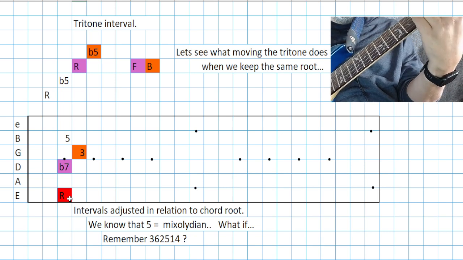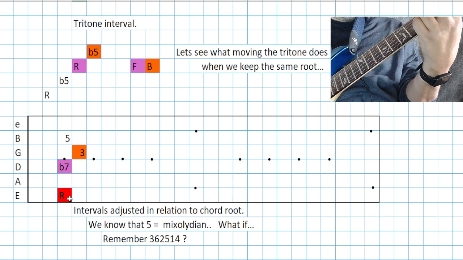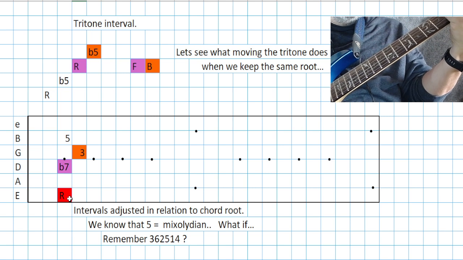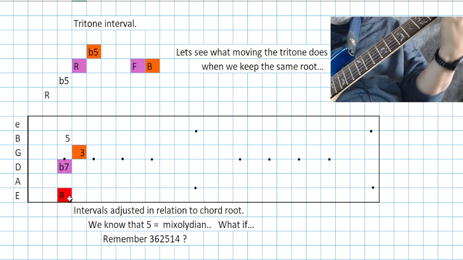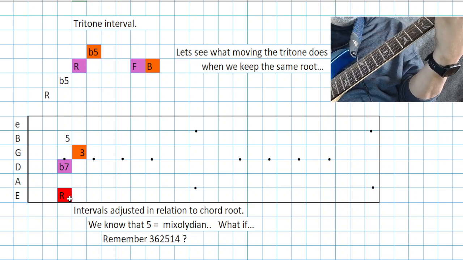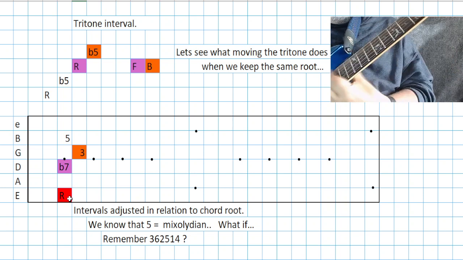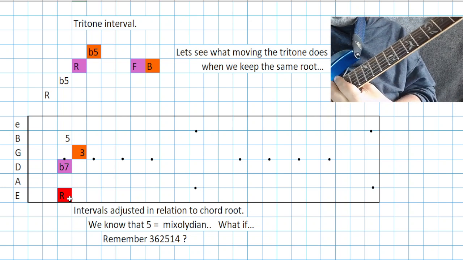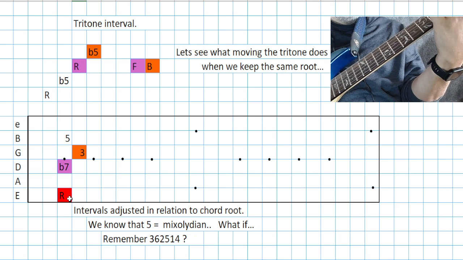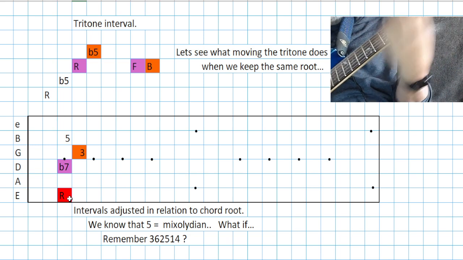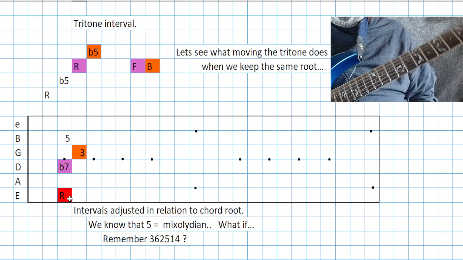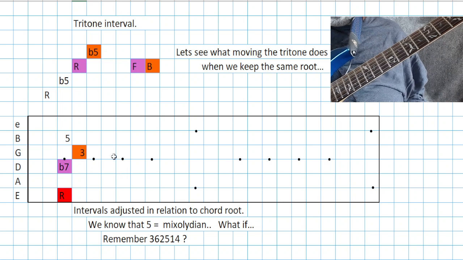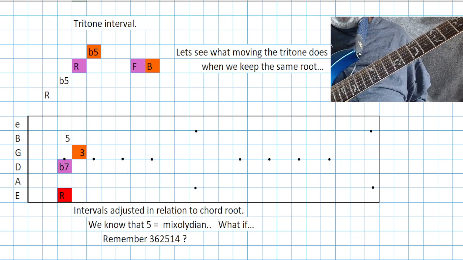Kind of makes its own bridge or chorus or whatever, even a verse, and then we even got some working bits of diminished in there. Using all 7 notes of the progression. So pretty cool. This 362514 is very powerful and something you should remember.